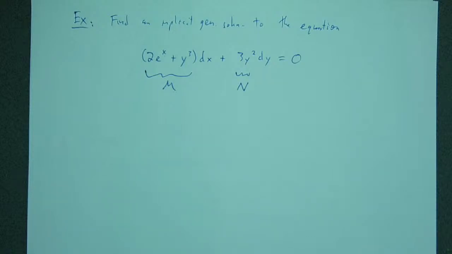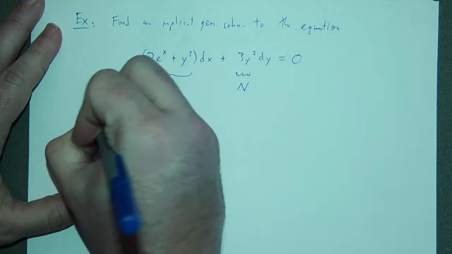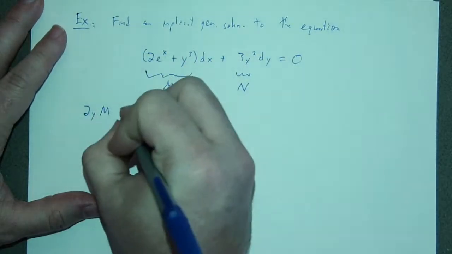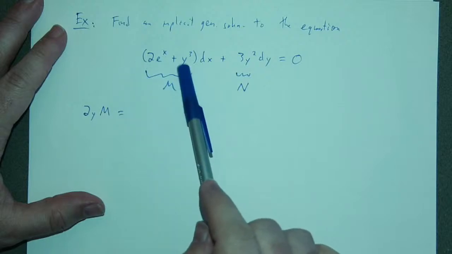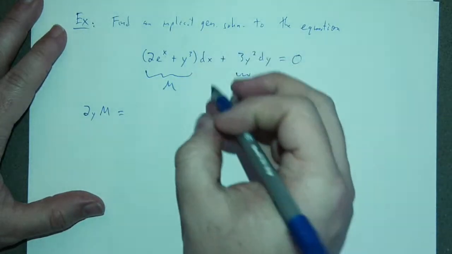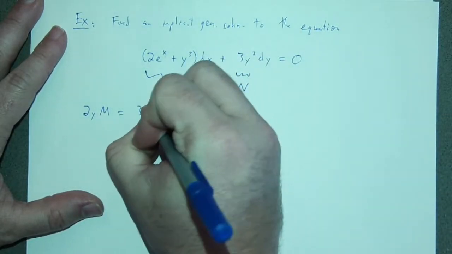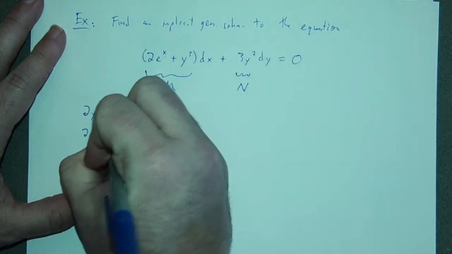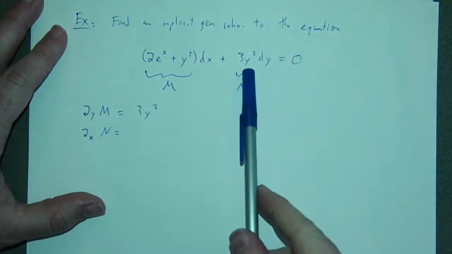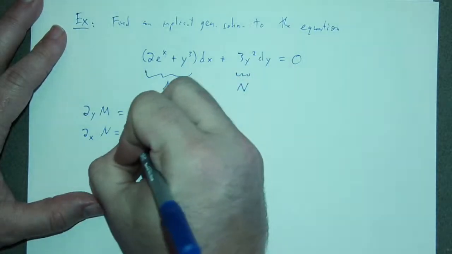So the first thing we do, as always, is check exactness. The y partial of M: the y partial of 2e to the x is 0, and the y partial of y cubed is 3y squared. And the x partial of N, the x partial of 3y squared, is 0.